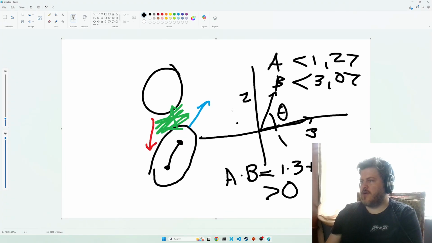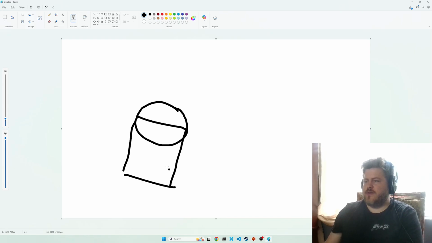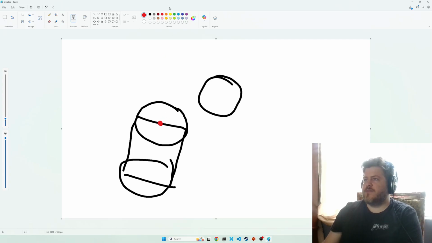going back to the diagram, new diagram. If I have a circle here and a box here and a circle here, and then I have a circle here, I'm asking from this point right here, I know my forward direction is this way, and I know my right direction is this way, right?